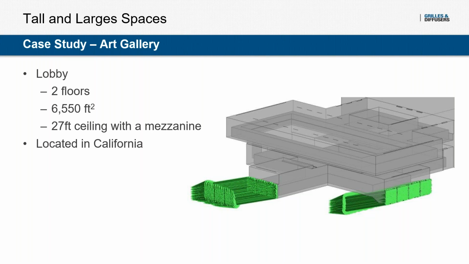This lobby has 2 floors, including a mezzanine that needs to be conditioned, and a tall 27 feet ceiling. Again, it has a large footprint, and this is located in California, so we're only going to be looking at cooling. There's also some solar loads at the entry points, but these are minimal.